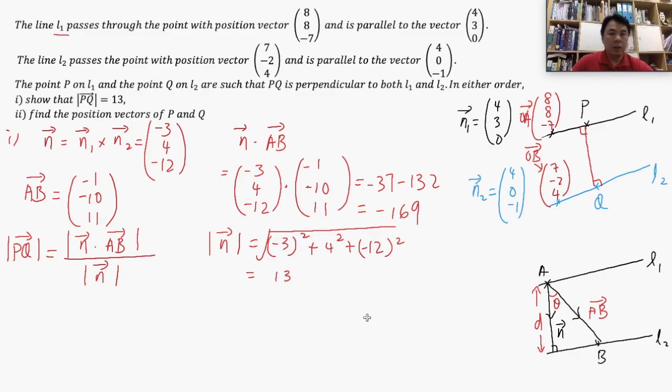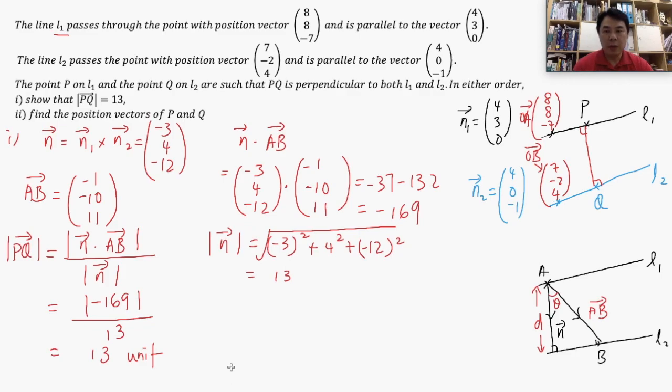So that should be 13. Now, therefore, for PQ, it will be the magnitude of -169 divided by the magnitude here. So that should be 13 units.